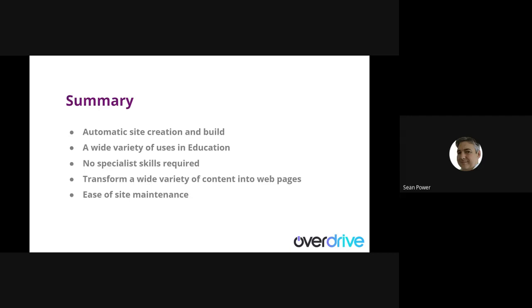Many types of content can be transformed automatically into powerful and user-friendly web pages. We use content from Google Workspace as well as external data. And pages can be easily updated or maintained by editing the original file, either from the site itself or from Google Drive.